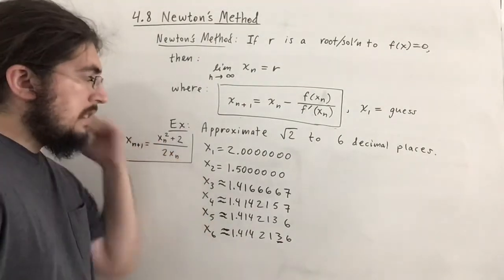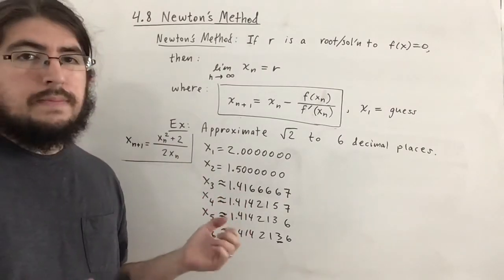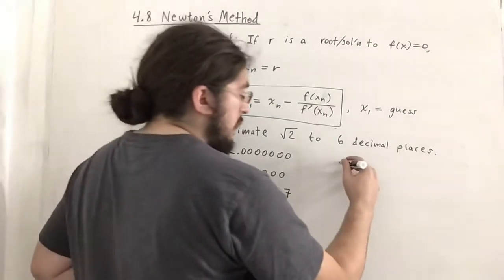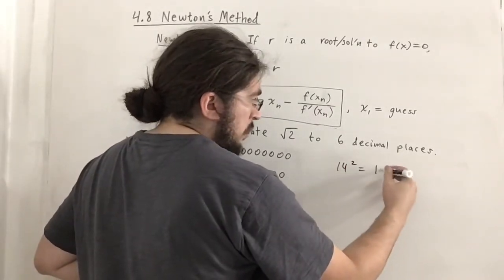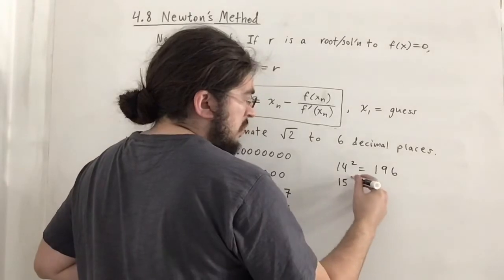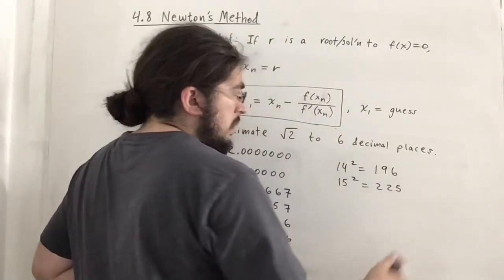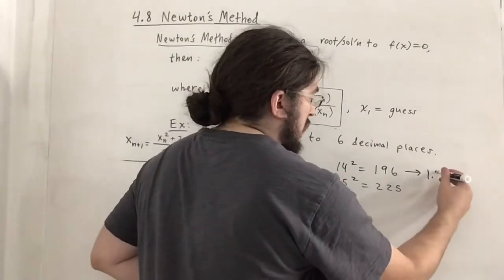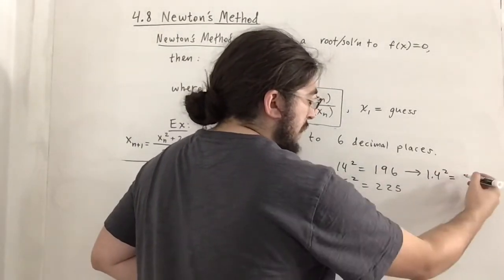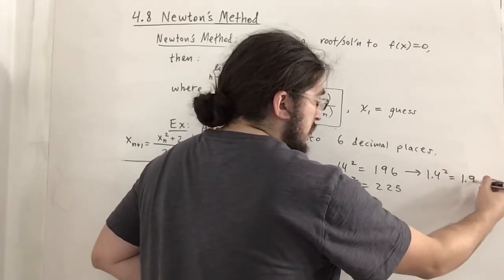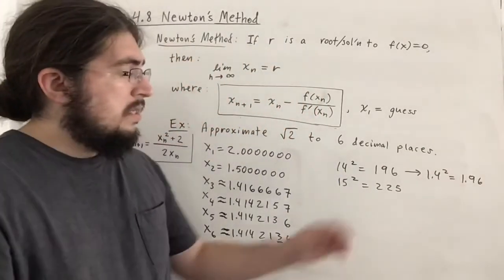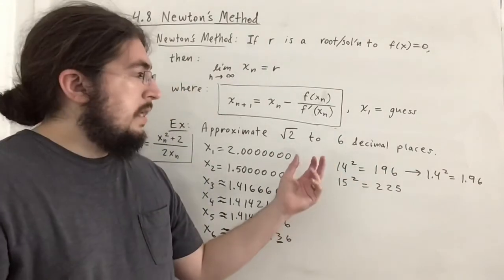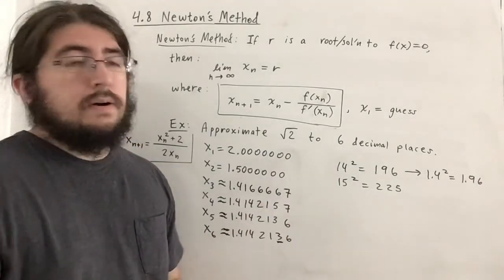So notice if you guessed 1.4 or something like that, which actually is pretty simple to do because notice that 14 squared is 196, 15 squared is 225. So that means 1.4 squared would be 1.96 when you divide by 100, because dividing 14 squared by 100 is dividing 14 by 10, all squared, really.